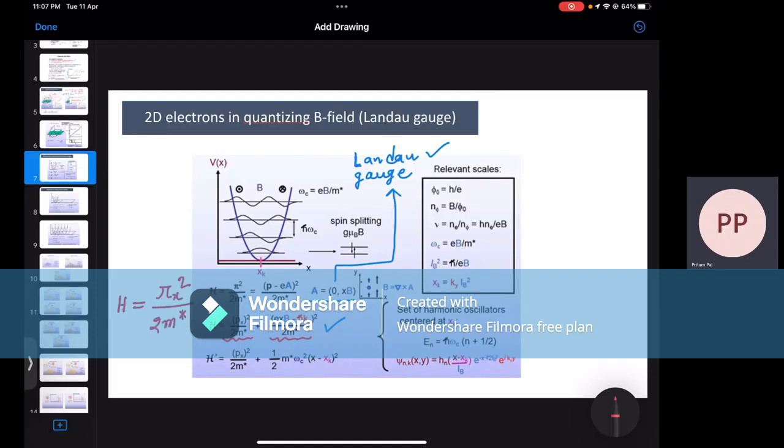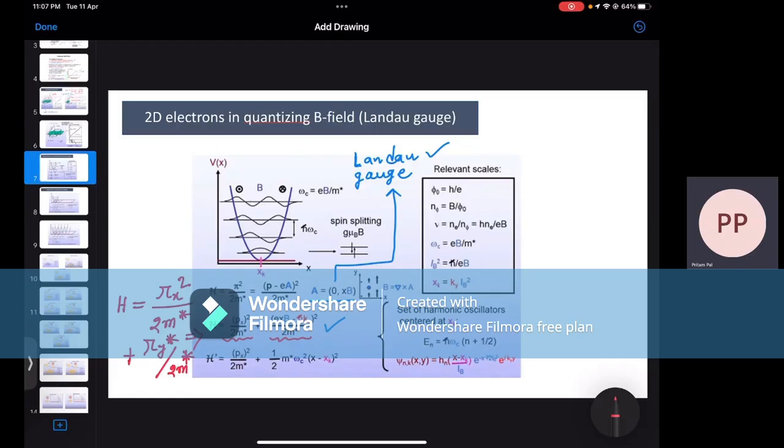This is the canonical momentum. This Hamiltonian has all three components of my canonical momentum, so it has a pi x squared and a pi y squared. But for the pi z component I have to subtract away zero, I don't have any contribution there.